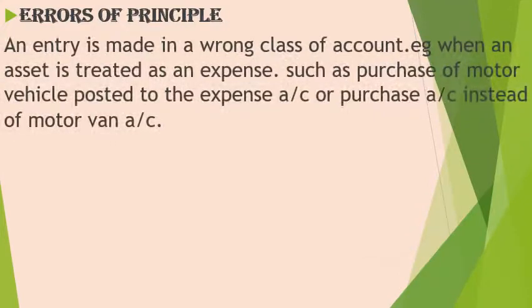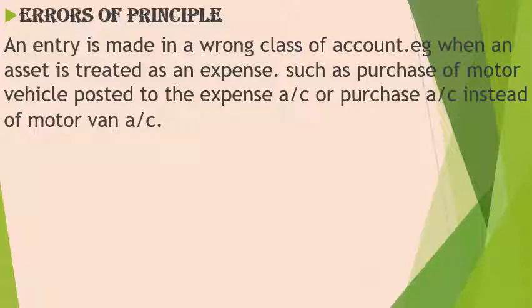3. Errors of principle. An entry is made in a wrong class of account. For instance, when an asset is treated as an expense, such as purchase of a motor vehicle posted to the expense account or purchase account instead of the motor van account.